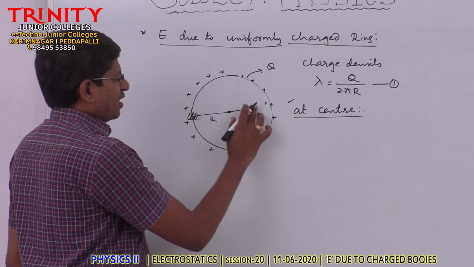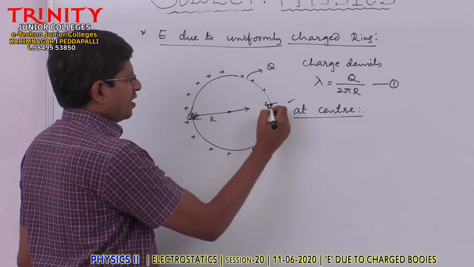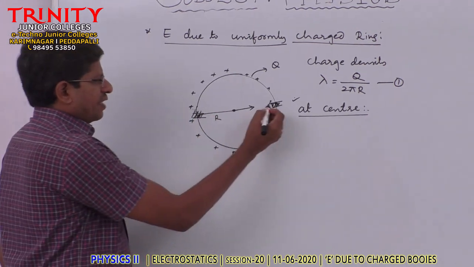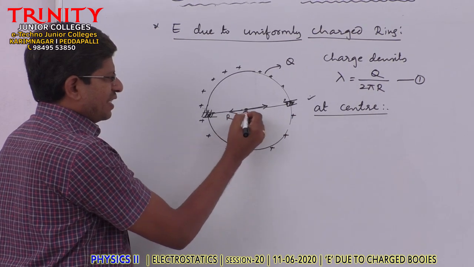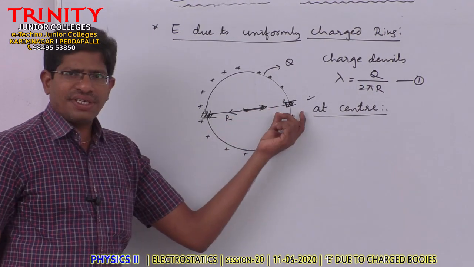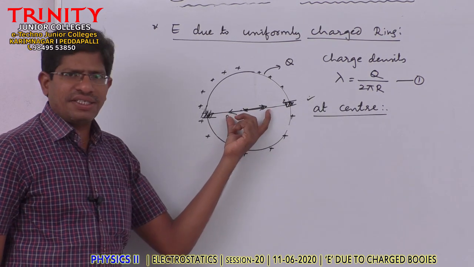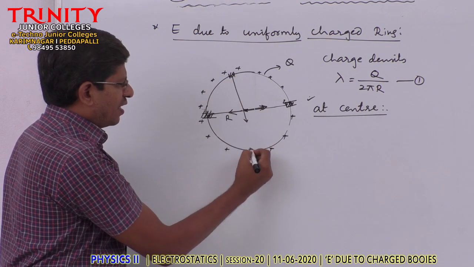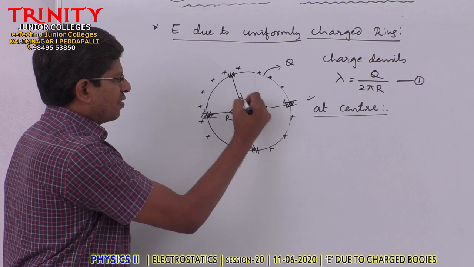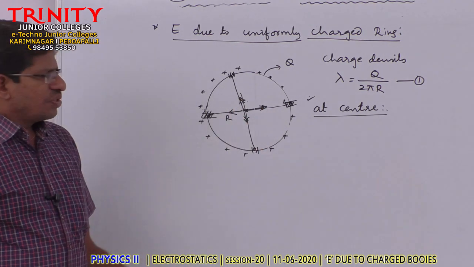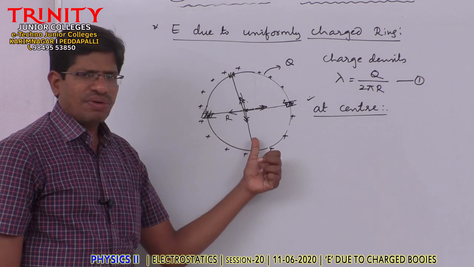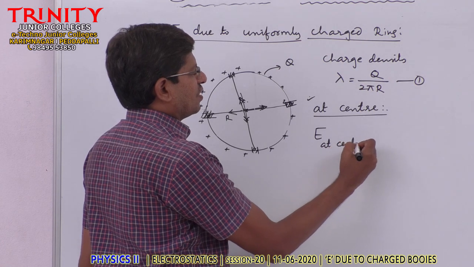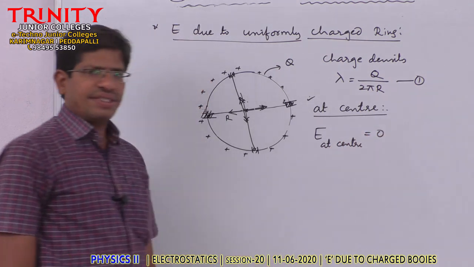Immediately you can imagine a counter element exactly diametrically opposite to it, whose intensity will be in the opposite direction. The charge is the same, the distance is the same, therefore the net intensity is 0. You take any element anywhere, you will find a counter element in the other direction, so they cancel mutually. E at the center is 0.